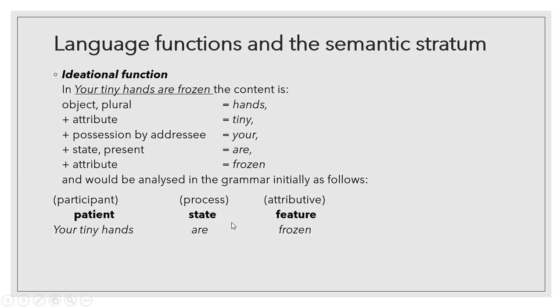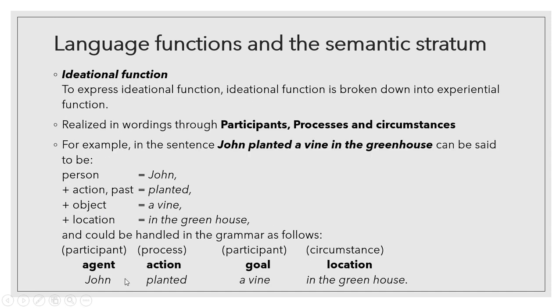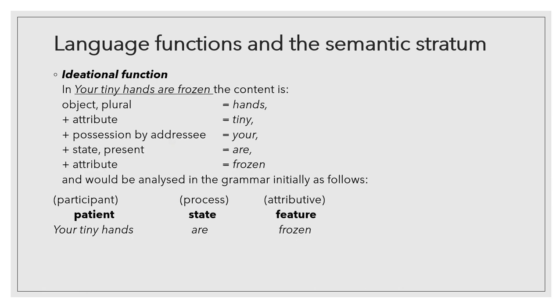And then we have the process of state, and then the attribute explains the state. In this case, frozen is categorized as a feature, but in my class you are not learning about this specifically. As long as you know participant, process, attribute, and participant, process, circumstance, that's enough, because you are learning the function first, and you can learn the rest later on.